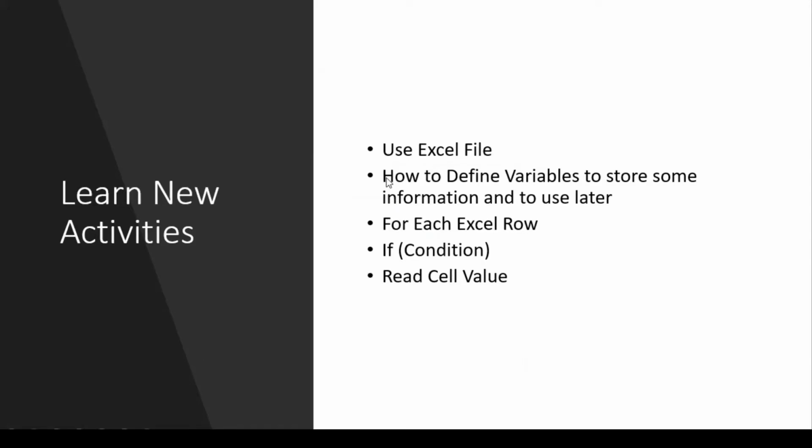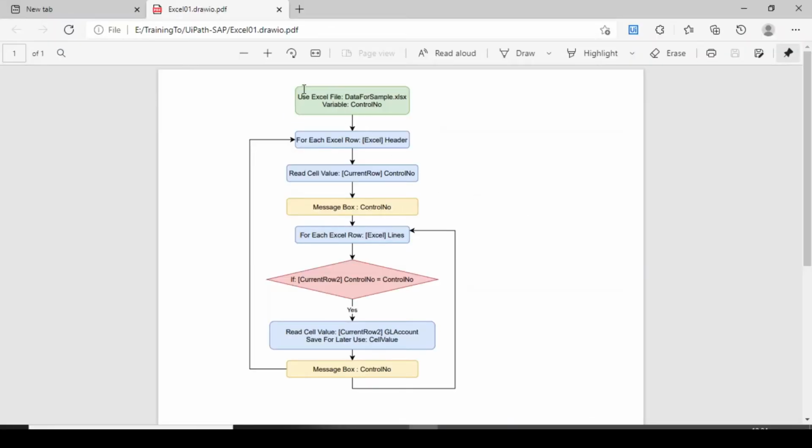How to define a variable and store some information for later use. Now you can see that we have used the Excel file and connected the file with data for sample. Now we want to create a variable.